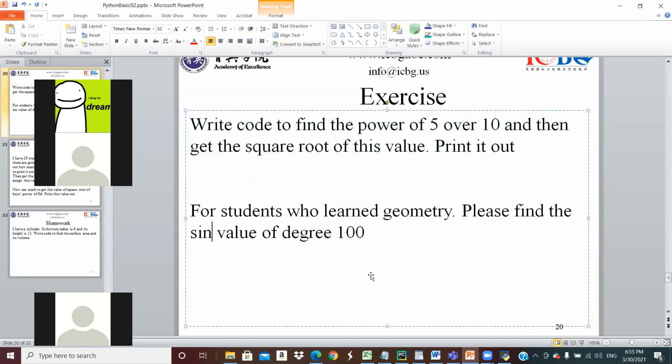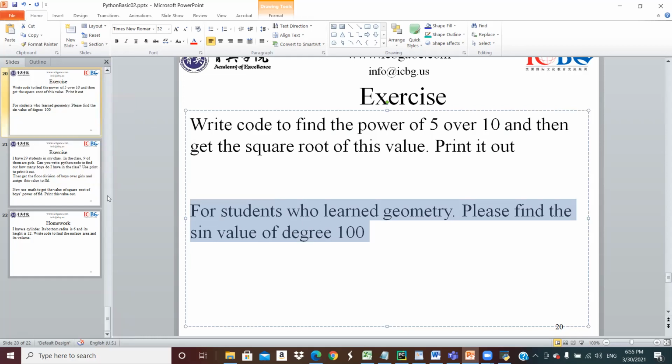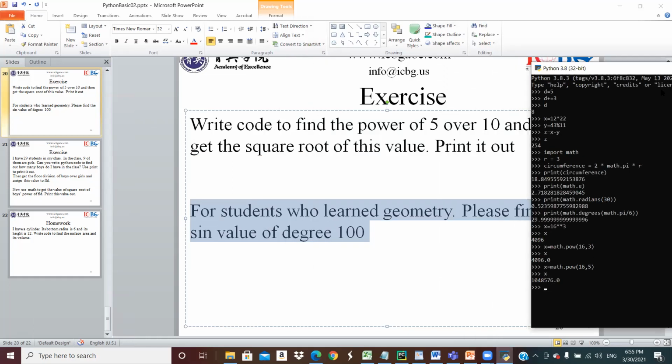If you have not learned the geometry, you are excused for this one. I just want to get you guys to be more comfortable writing code using the math module. And then I can do it with you together.